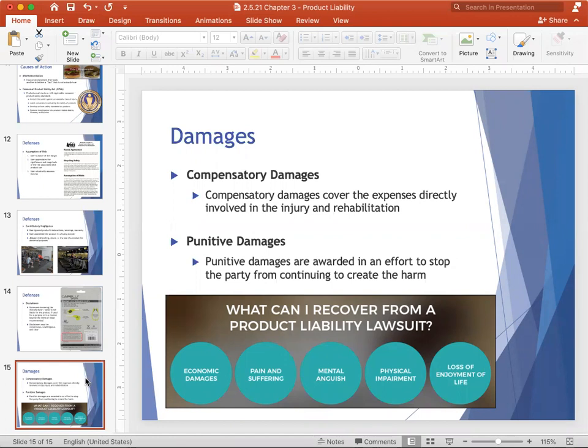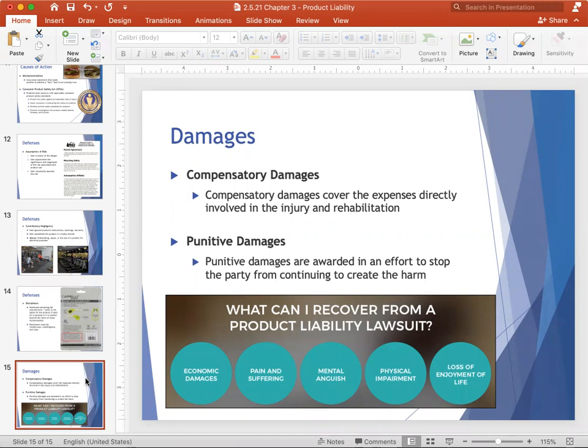Now, these are damages we have discussed in previous lessons, but they are essentially compensatory damages or punitive damages. Compensatory damages are most common in product liability cases where the damages reflect the expenses directly involved in the injury and rehabilitation of the plaintiff.